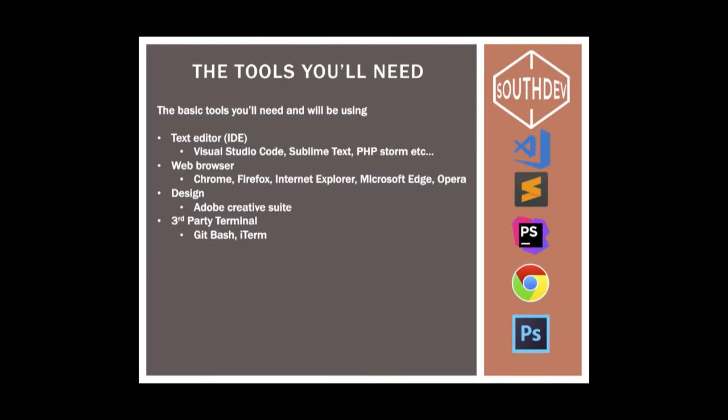Then if you're into making your own designs, or if you're receiving designs from people, you're going to need something like your Adobe Creative Suite, of which I mostly use Photoshop and Illustrator. That Creative Suite also has an IDE, which is Adobe Dreamweaver.